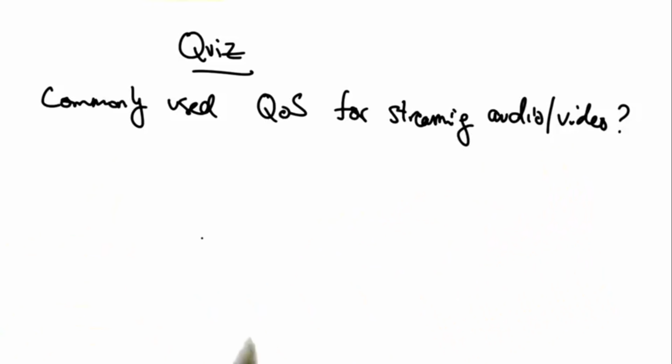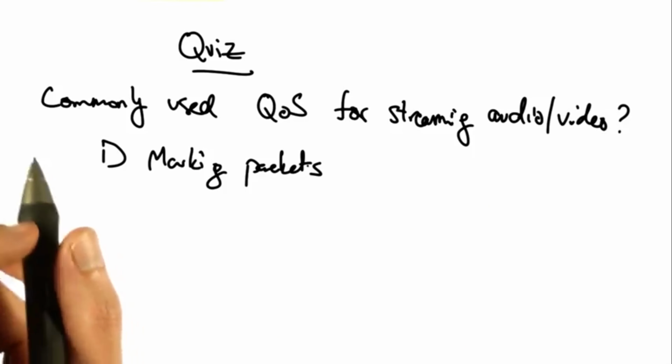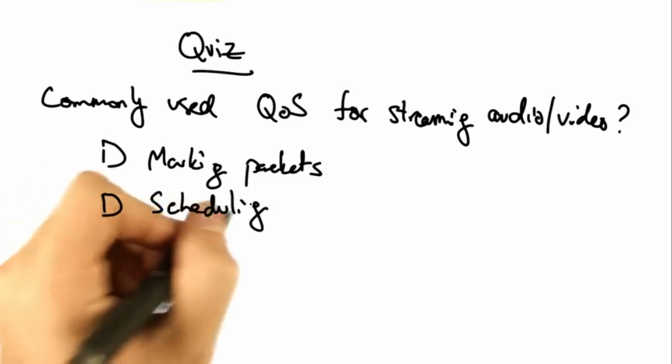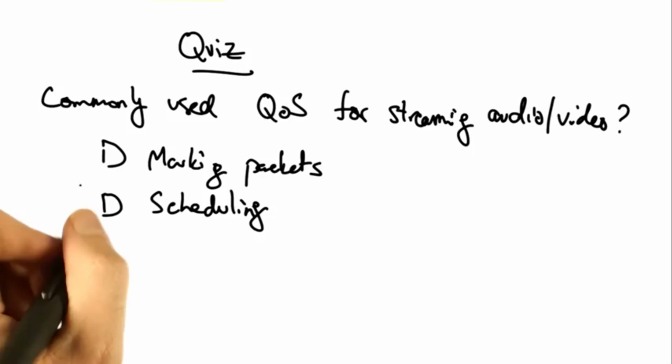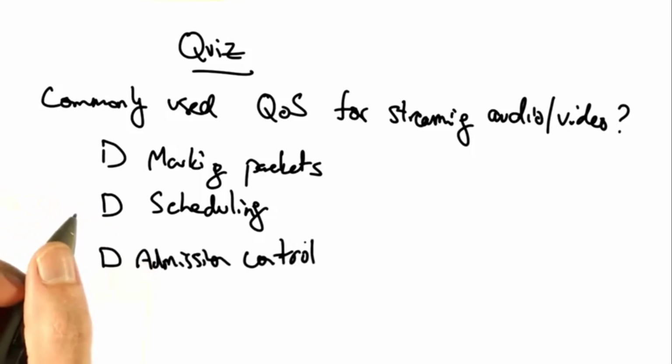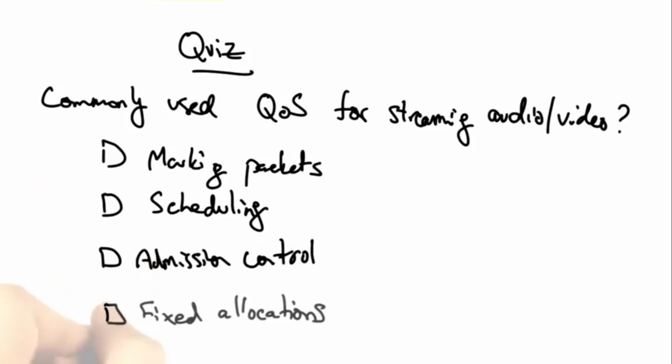So as a quick quiz, what are some commonly used quality of service techniques for streaming audio and video? Marking packets and putting them into queues with different priorities, scheduling the service of these queues at different rates depending on the priority of the application, blocking flows with admission control if the network can't satisfy their rates, or performing fixed bandwidth allocations.